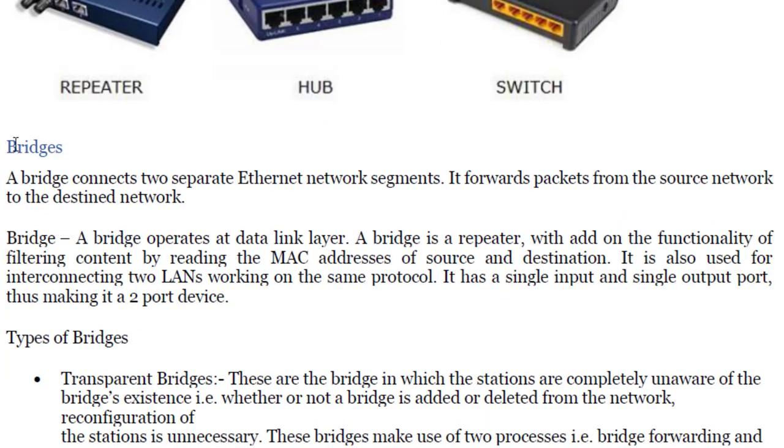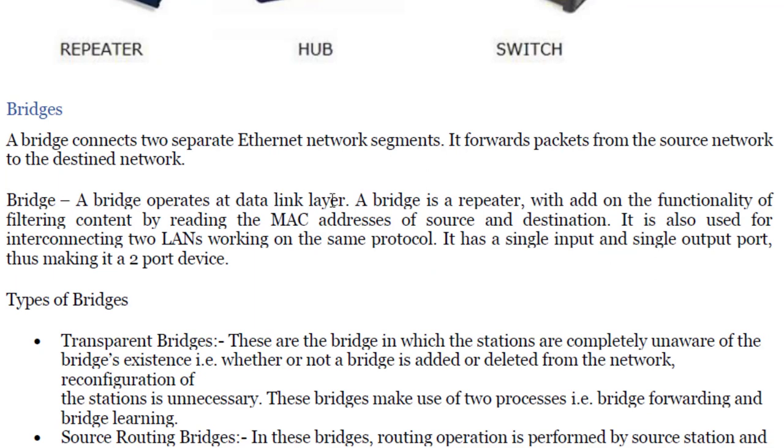Now, what about the bridge? A bridge connects two separate Ethernet network segments. It forwards packets from the source network to the destined network. A bridge operates at the data link layer, and a bridge is a repeater with an add-on functionality of filtering content by reading the MAC address of the source and the destination.